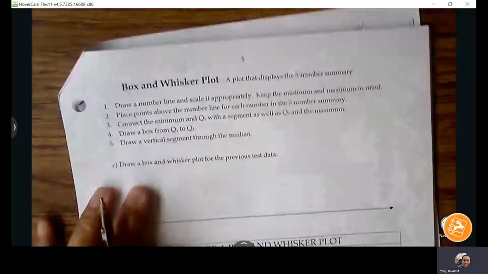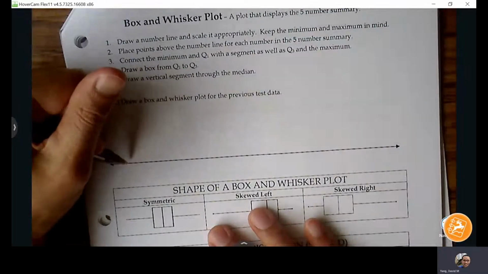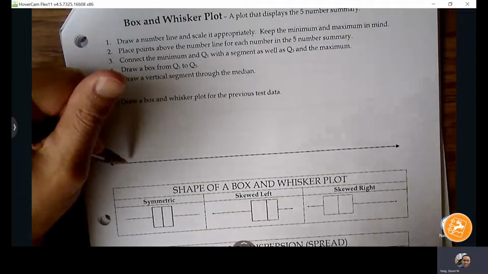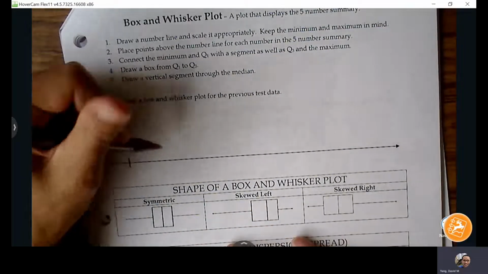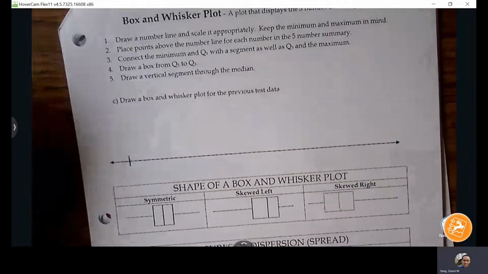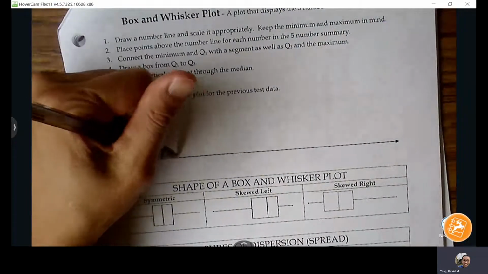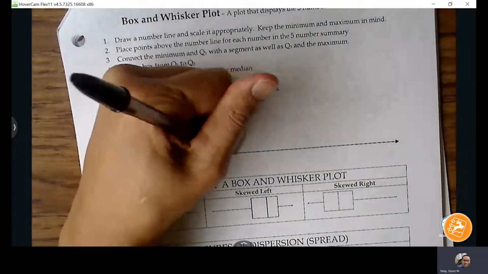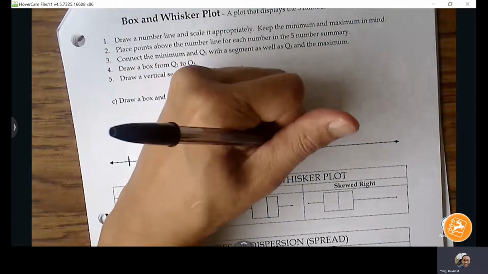So I'm going to scale it as best as I can. We're extending from 32 over to 100. So let me just see if I can mark off 30, 40, 50, 60, 70, 80, 90.